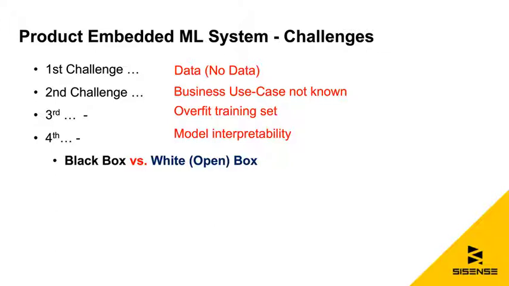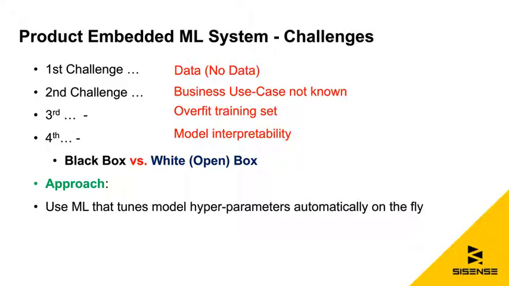So I made a distinction between black box algorithms like neural networks, which are harder to interpret, versus more open and graphical algorithms like decision tree and linear regression, logistic regression, where all the parameters are laid open. So we're going to use an approach to automatically tune the model, the decision tree hyperparameters, specifically the min criterion of the decision tree, which determines the depth of the tree, and we're going to use it on the fly.